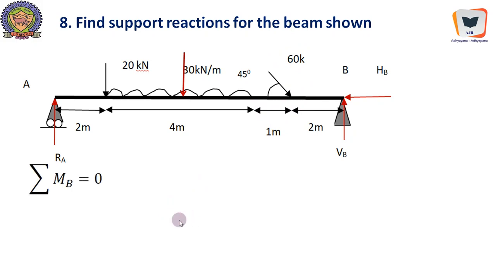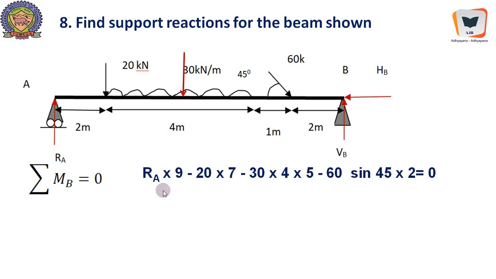Now we will apply sigma MB equal to 0. It's better we start by taking moment of all the forces with respect to a support, because we will readily get one of the unknowns solved. So here sigma MB equal to 0, therefore RA into 2 plus 4, 6, 6 plus 1, 7, 7 plus 2, 9. So RA into 9, a clockwise moment, minus 20 into 4 plus 1, 5, 5 plus 2, 7. This is anti-clockwise.